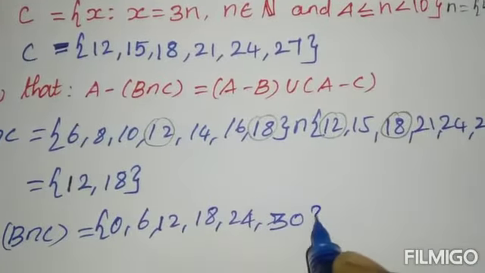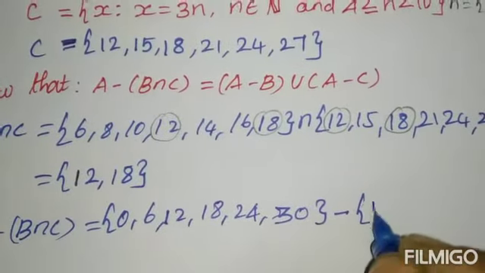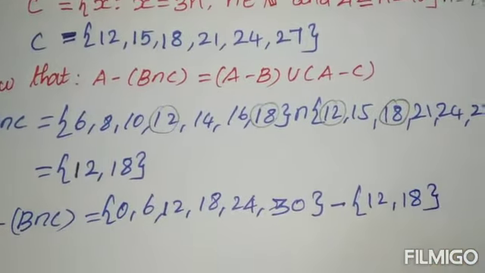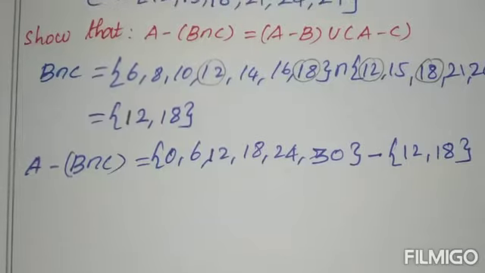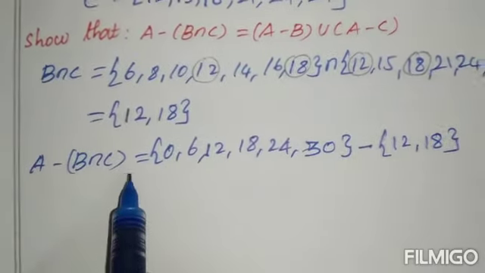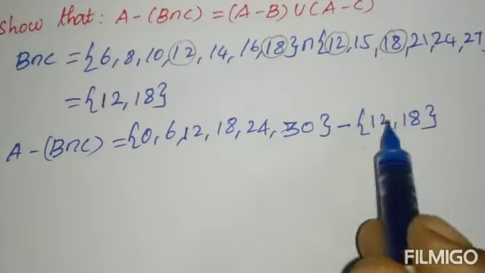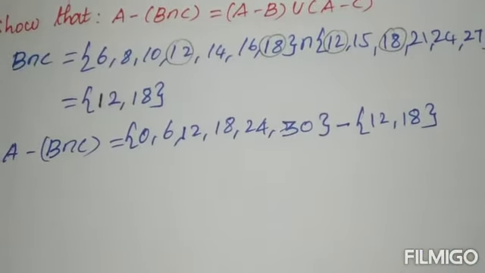So these are the elements of A. Difference elements of B intersection C 12, 18. So A difference of B intersection C means the elements belongs to A but does not belongs to B intersection C. So A ல இருக்கிற elementsல எந்த elementsலாம் B intersection C ல இருக்கோ அதை மட்டும் விட்டுட்டு remaining element எழுத போறோம்.